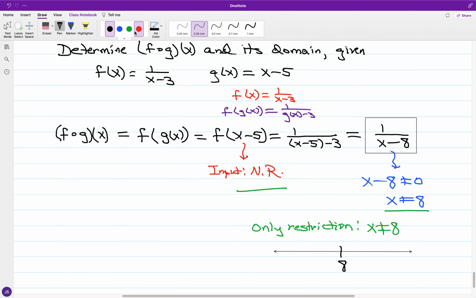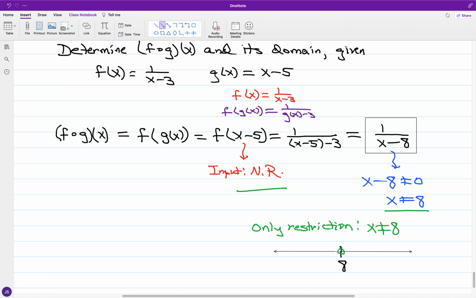So 8 is going to be left out, but everything else, before and after it, will be in the domain.